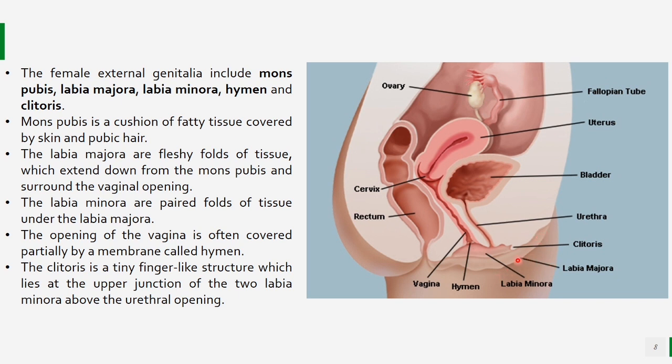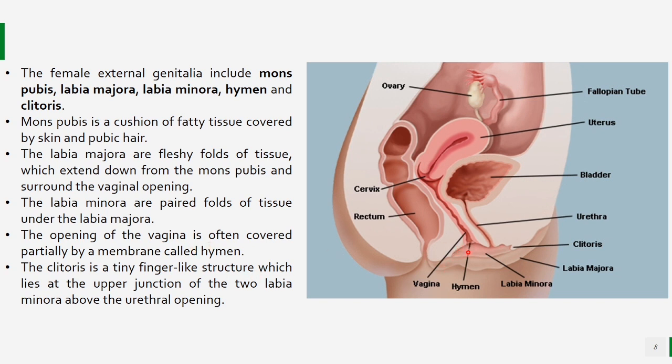The labia majora are fleshy folds of tissue which extend down from the mons pubis and surround the vaginal opening. The labia minora are paired folds of tissue under the labia majora. The opening of the vagina is often covered by a membrane known as the hymen.